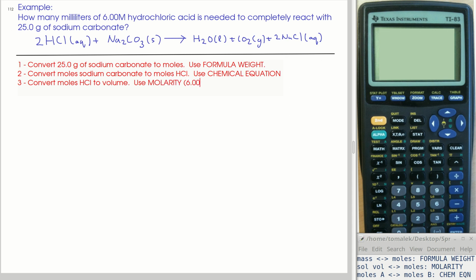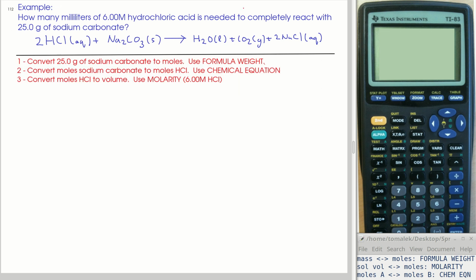So this is where that 6 molar hydrochloric acid number is going to come in handy. It will allow us to relate the moles of hydrochloric acid we calculate back to the volume. Now once we've done that, we've solved the problem. So now we actually have to do the math.